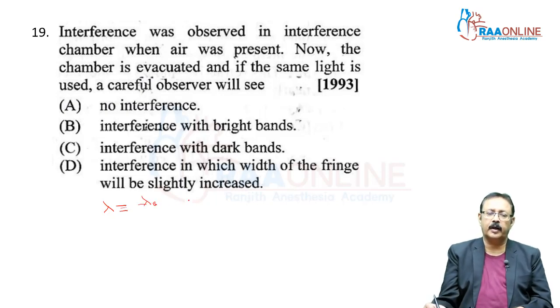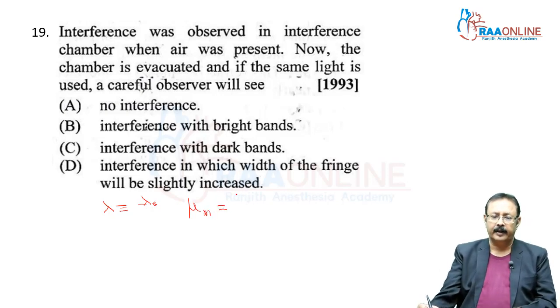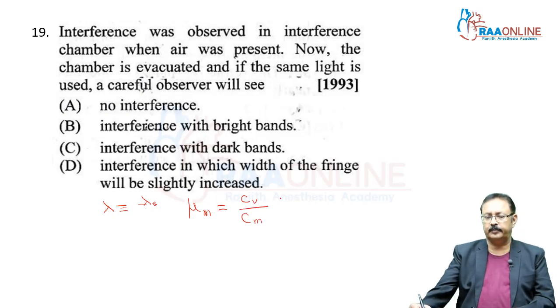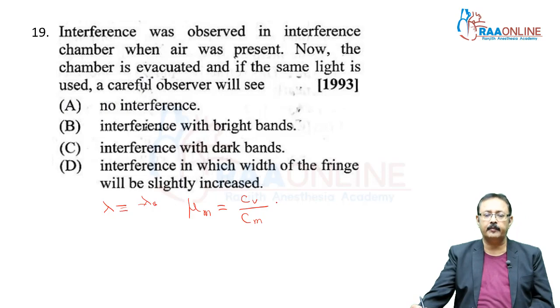You know the formula of refractive index for any medium. It is speed of light in vacuum upon speed of light in medium. Not writing air, I am writing vacuum. And v is equal to n lambda. Frequency is the same. So wavelength in vacuum upon wavelength in medium.